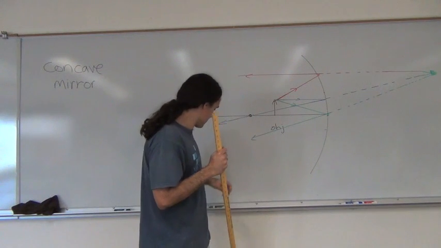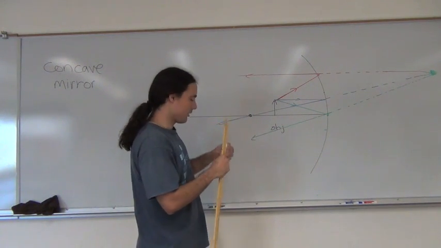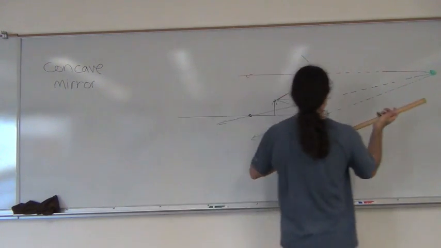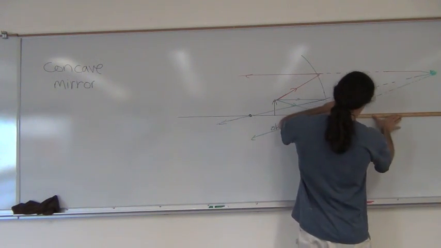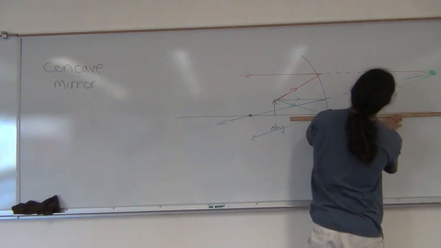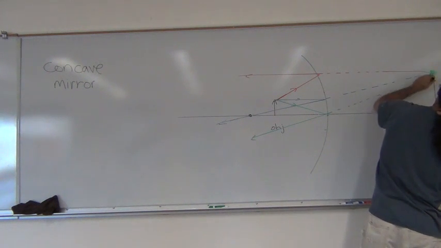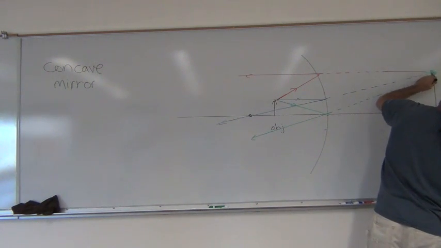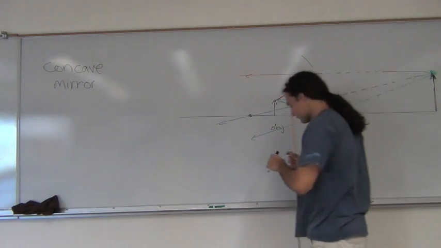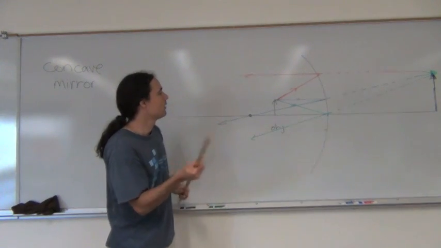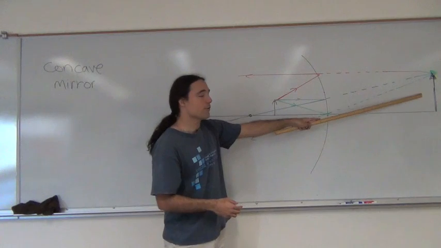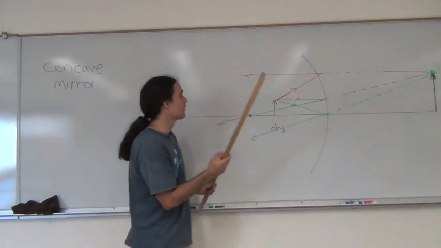And if I look where all these points are coming from, and I trace this out, barely have enough room here, but you can see they all appear to be coming from a point over here, from an object that's over here.